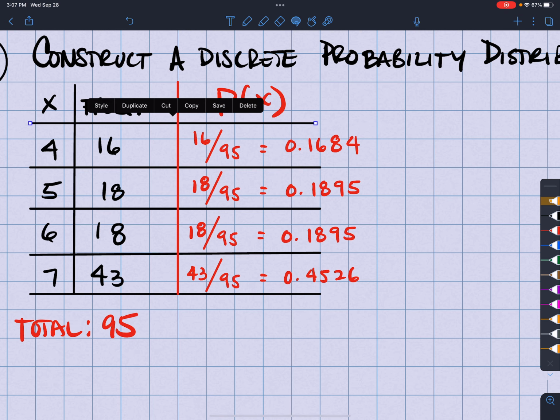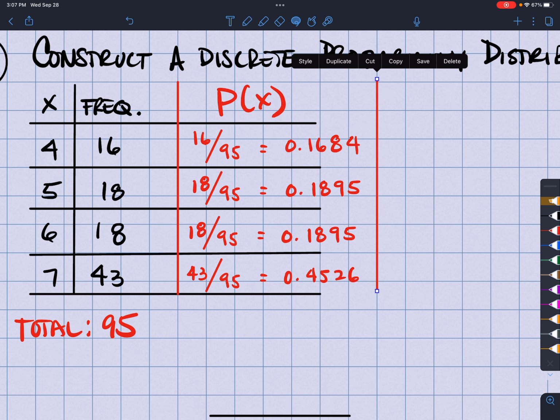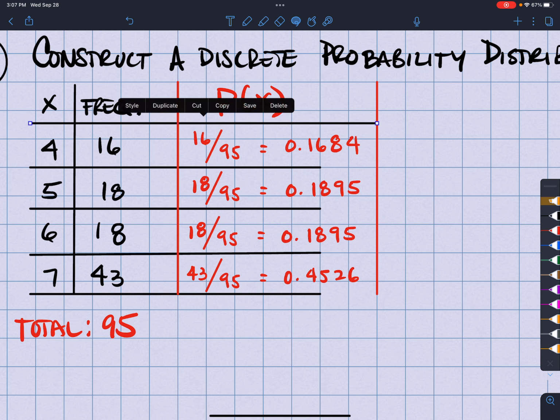But first, let me do this. Actually, no, let me do this. Duplicate this, bring this to where I want it to be. That looks good right there. Then I can extend these to that. There we go.